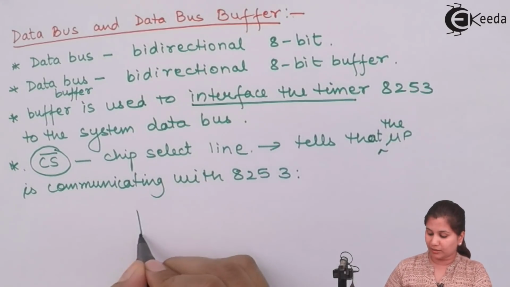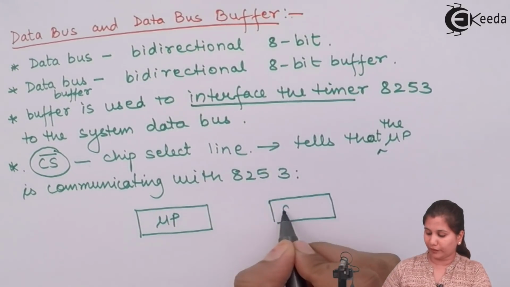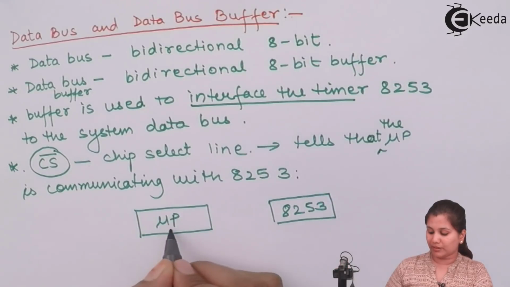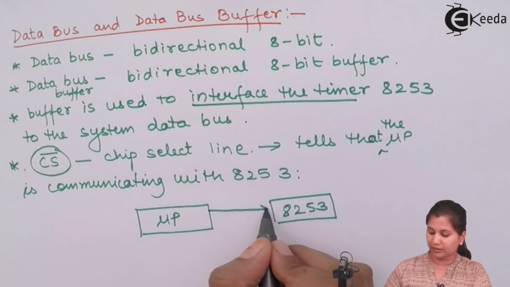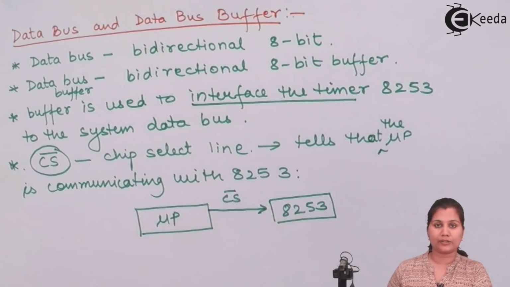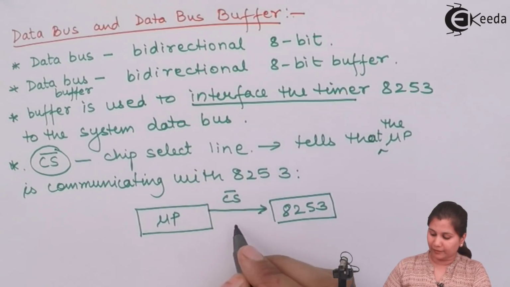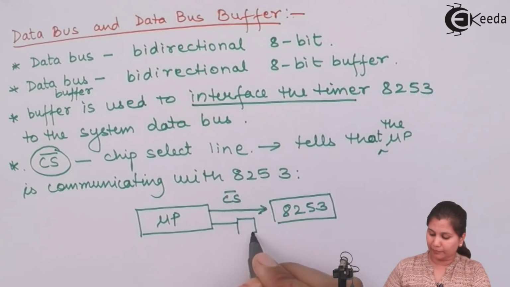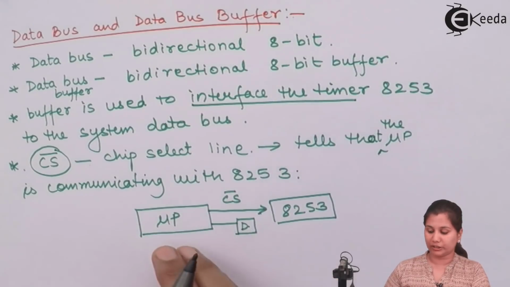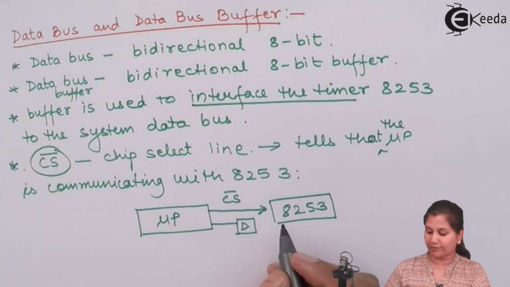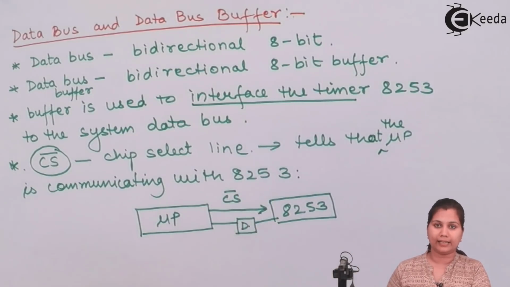So if this is the microprocessor and this is the IC 8253, and the microprocessor wants to communicate with 8253, it is going to send the chip select signal. It is going to activate, and this chip select signal is also there in the data bus buffer. So the data bus buffer is going to transfer the data between the microprocessor and the 8253 if this chip select line is enabled.